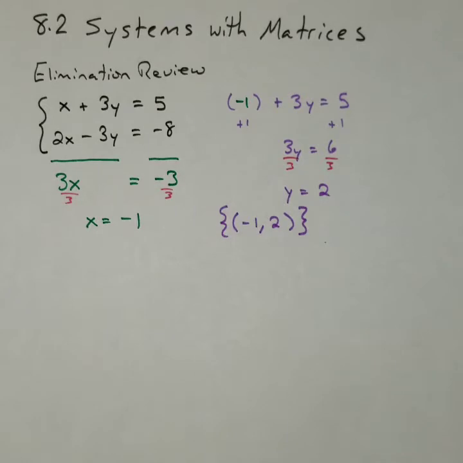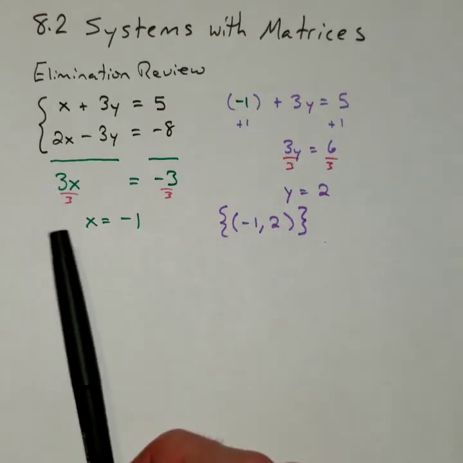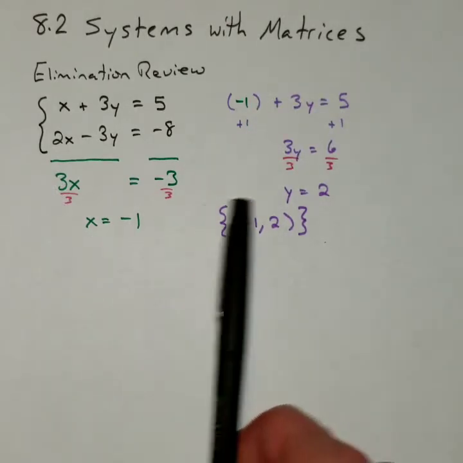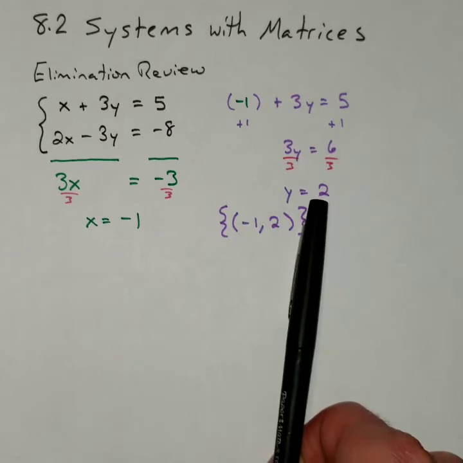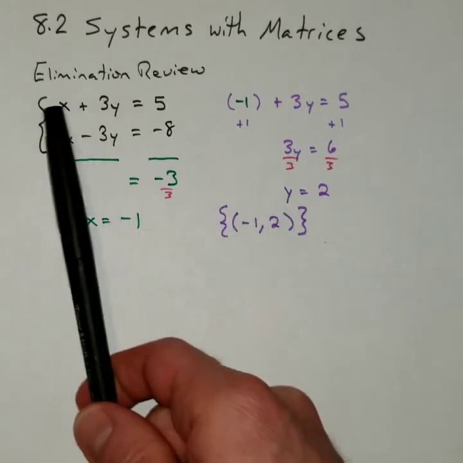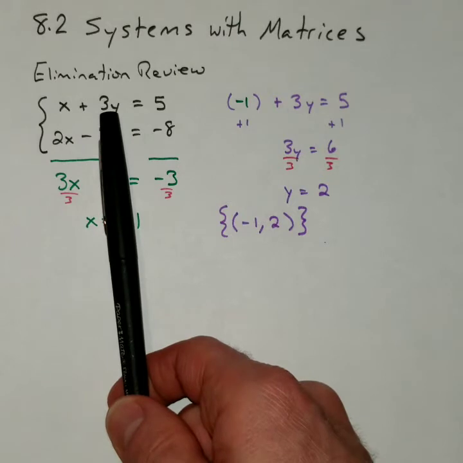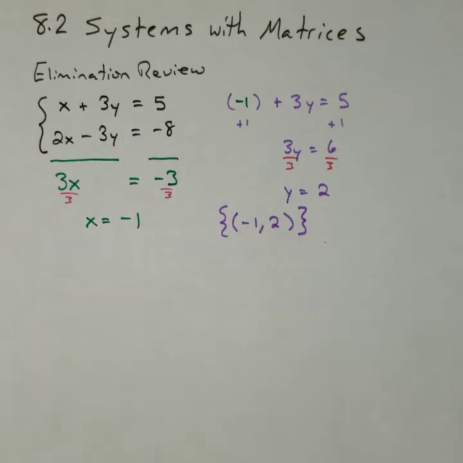Now the reason I'm showing you this example with elimination is because the matrix idea, what we're going to do, builds off of this, and is actually kind of a shorthand way of doing this. The key here is to get the concept that your answers, the -1 and the 2, are simply combinations of the original 4 coefficients and 2 constants.